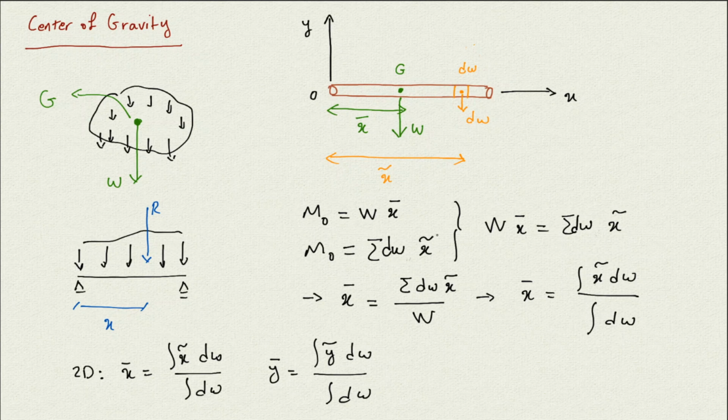Now, the next thing I want to go ahead and talk about is the center of gravity and what is the center of area, or center of volume, or center of line.